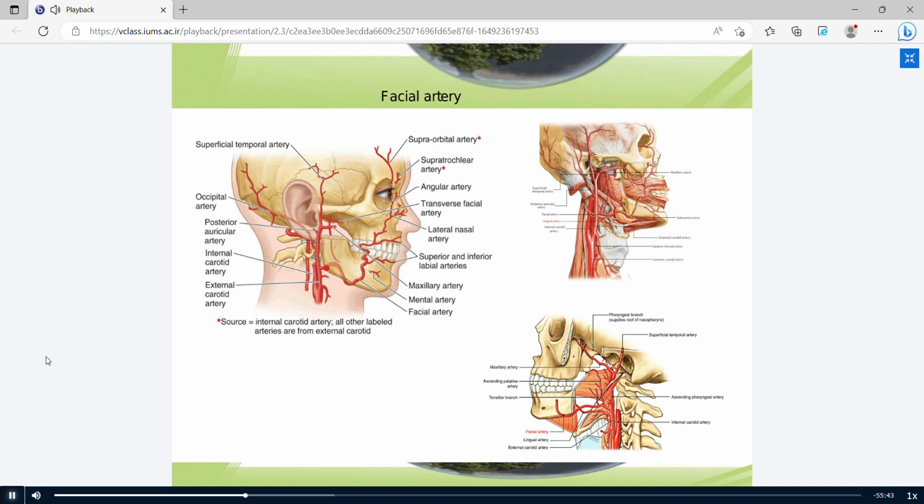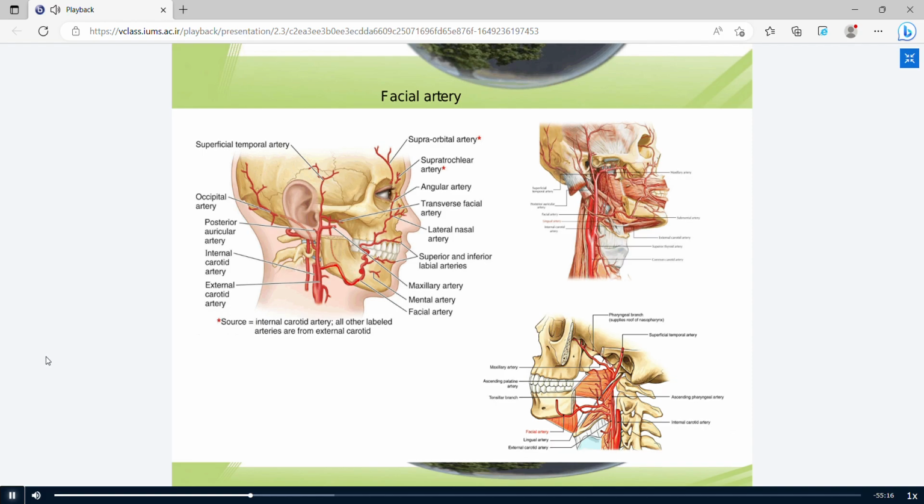The facial artery arises from the anterior surface of the external carotid artery inside the carotid triangle. After that, it goes toward the face and crosses the inferior border of the mandible, anterior to the masseter muscle.